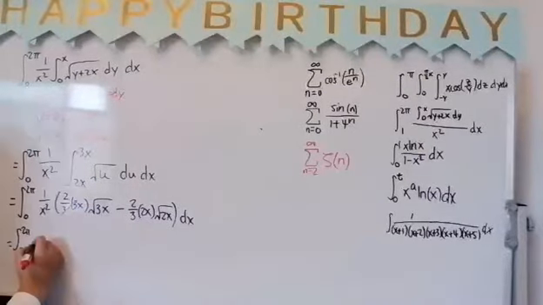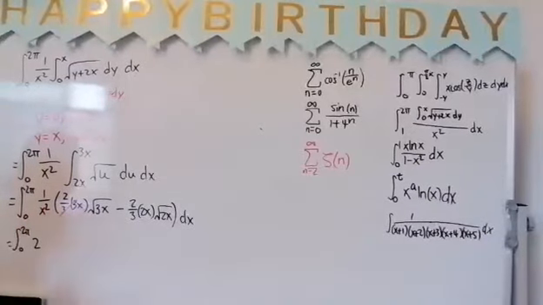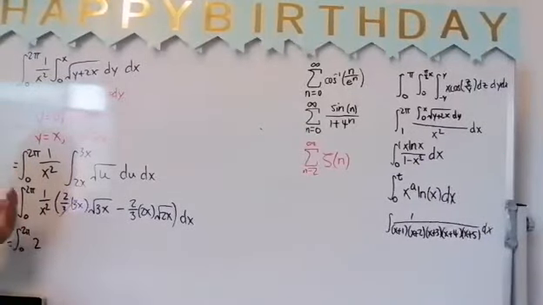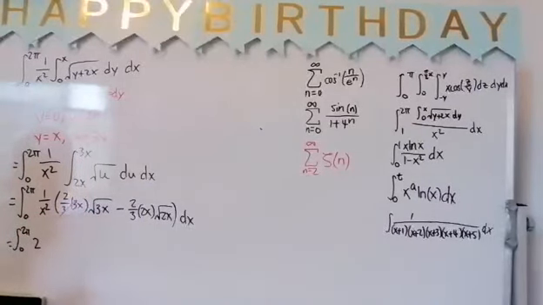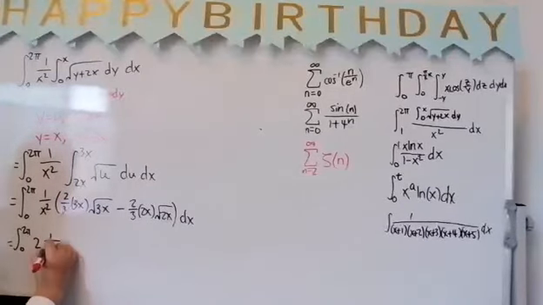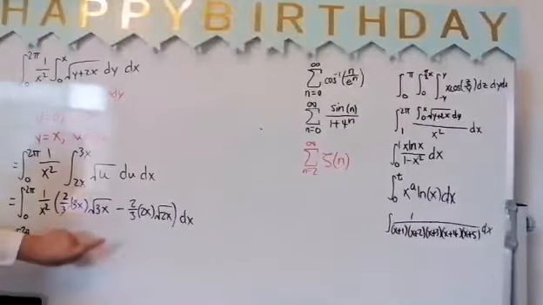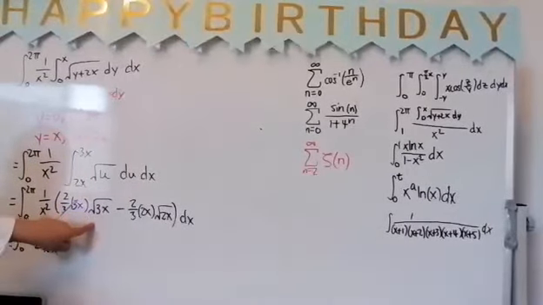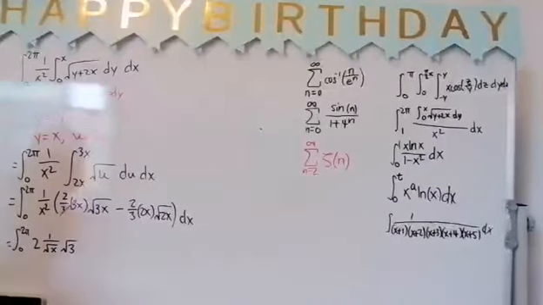Since these are canceled, we get 2. But then this x squared and this x will cancel into just 1/x. And then you multiply by the square root of x, we get 1 over the square root of x. And then we have this extra square root of 3. Like that.